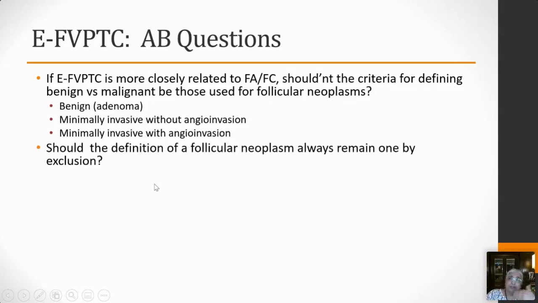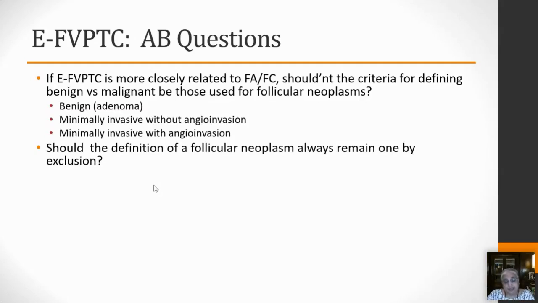Then the other question that follows naturally from this is, if this is the case and you can get lesions with papillary thyroid carcinoma nuclei that are entirely follicular and are related to those that are encapsulated, are related to follicular neoplasms, then should we retain this definition of follicular neoplasm by exclusion?